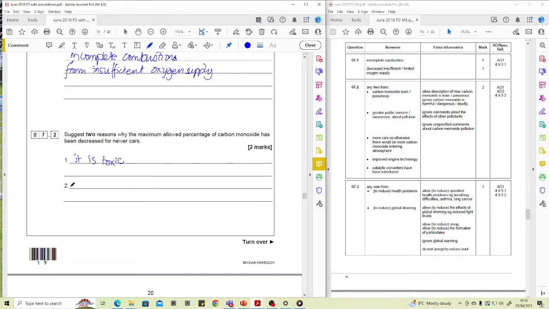Okay, so there are more stringent regulations in response to desire to improve public health, so we can put respiratory health as well.